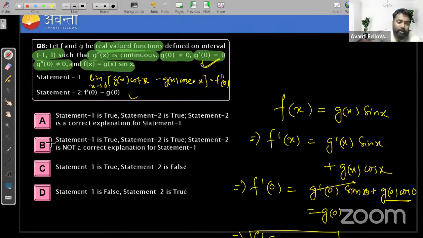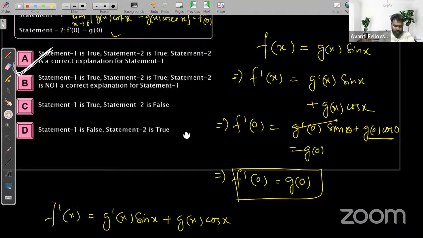So actually option A will be the correct answer, because f double dash of 0 is equal to 0 follows from statement 2. And when f double dash of 0 is equal to 0, the left hand side of statement 1 becomes 0, so the second statement is the correct explanation for statement 1 also, right?